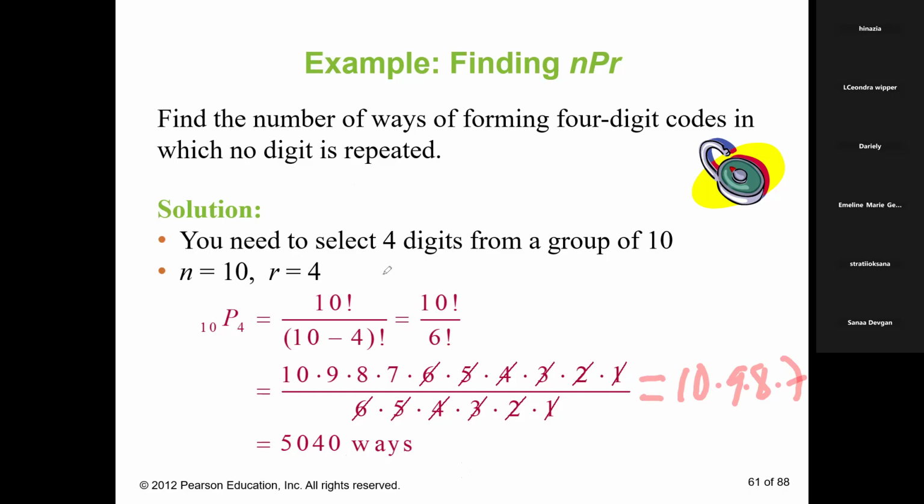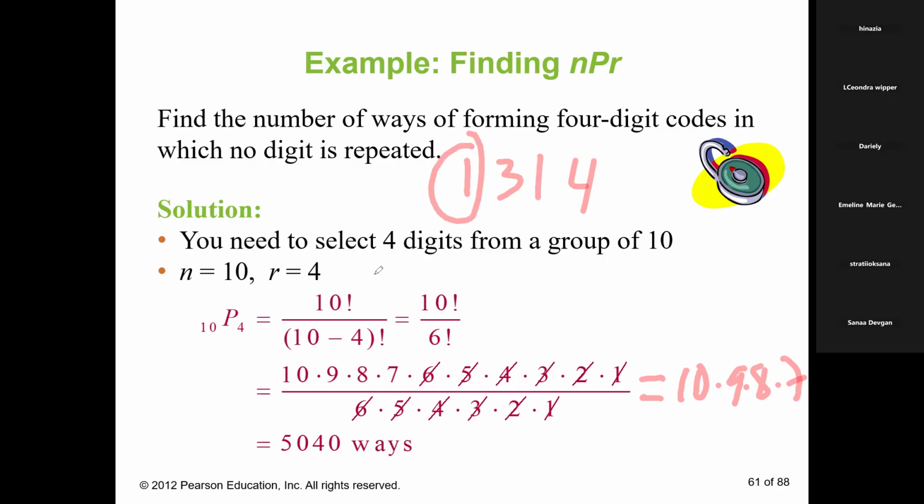So that means a 4-digit code, if you have something like this, 1, 3, 1, 4, that's not good. Why is this one not good? Because there are two of the same number. Because we repeat the number. Which number here?